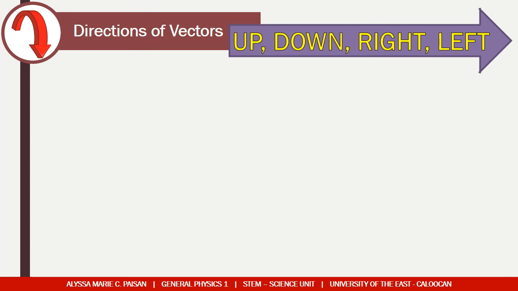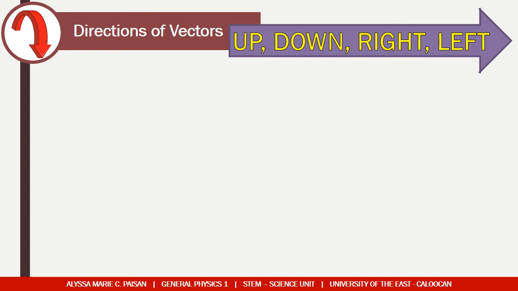Now that we're done with the cardinal directions, primary, secondary, and tertiary, relative to x and relative to y, let's proceed with the directions that we normally use in everyday life. Up, down, right, and left, because we also use this in physics. Okay? We can also refer to up as upward, down as downward, right as rightward, leftward.